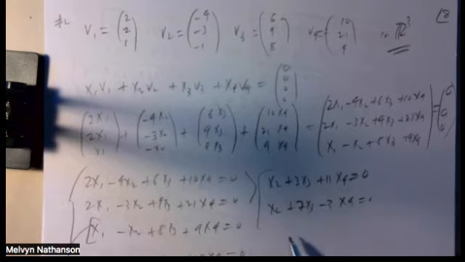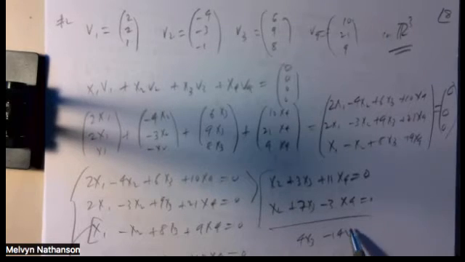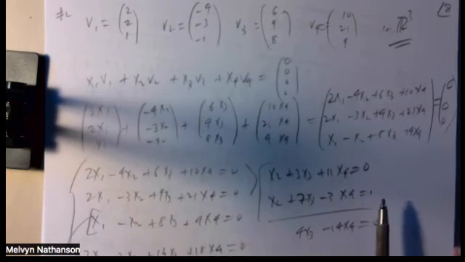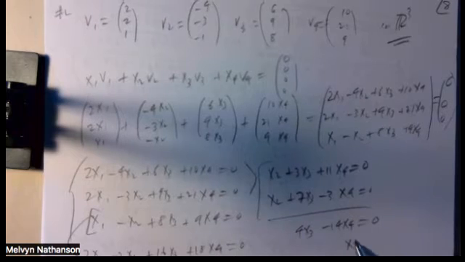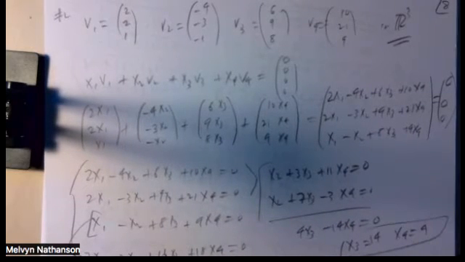If I take the first equation and subtract it from the second, I get 4x3 minus 14x4 equals 0. So a non-zero solution of this, I could take x3 equal to 14 and x4 equal to 4.